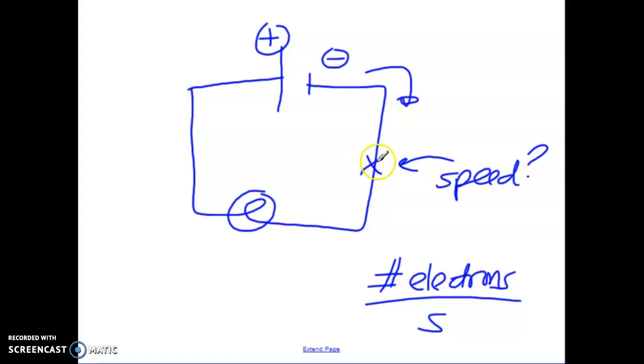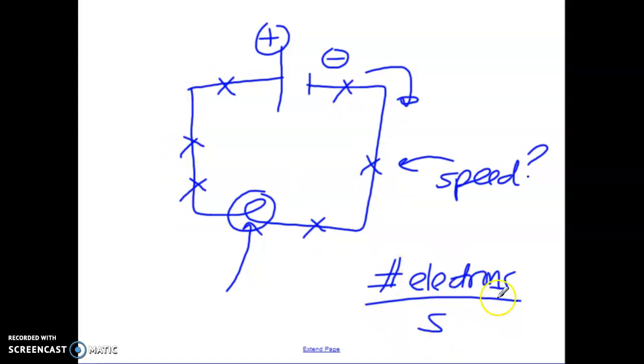So in this case, we are going to be measuring the current, how quickly the electrons are passing by through the wire. So it can be measured at any point on this circuit as long as it's in a wire. So you cannot measure the current in a light bulb or in the battery, right? But you can measure it anywhere along a conducting line.